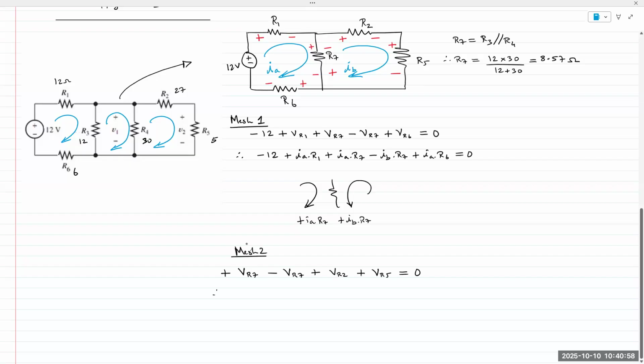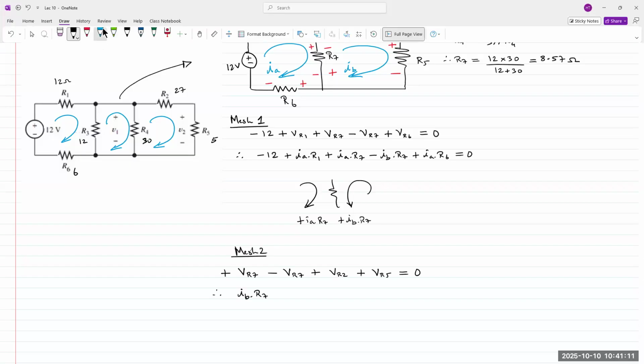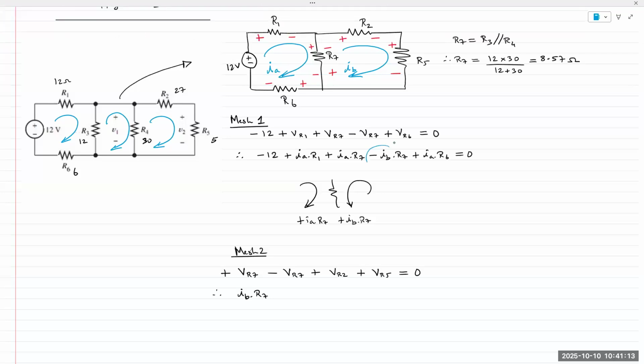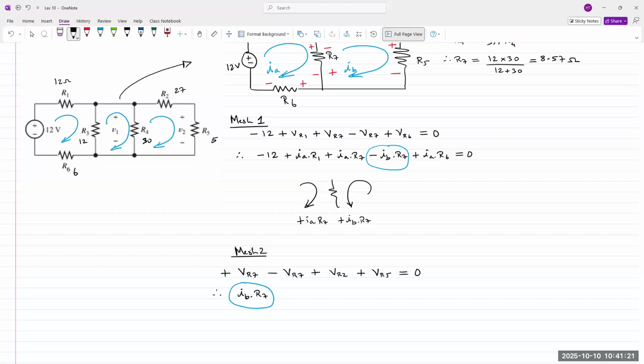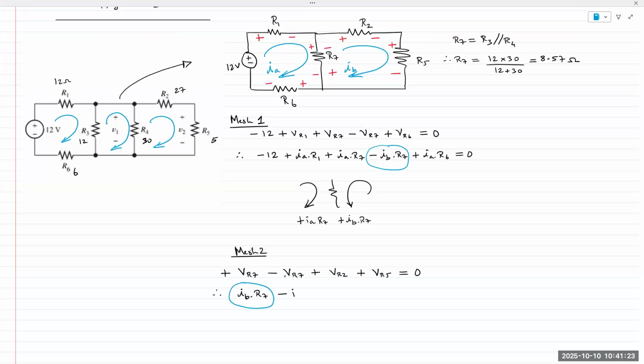Then you apply Ohm's law. This would be IB times R7. So IB was negative in the first one. And now it's positive in the second one. And this would be IA times R7.